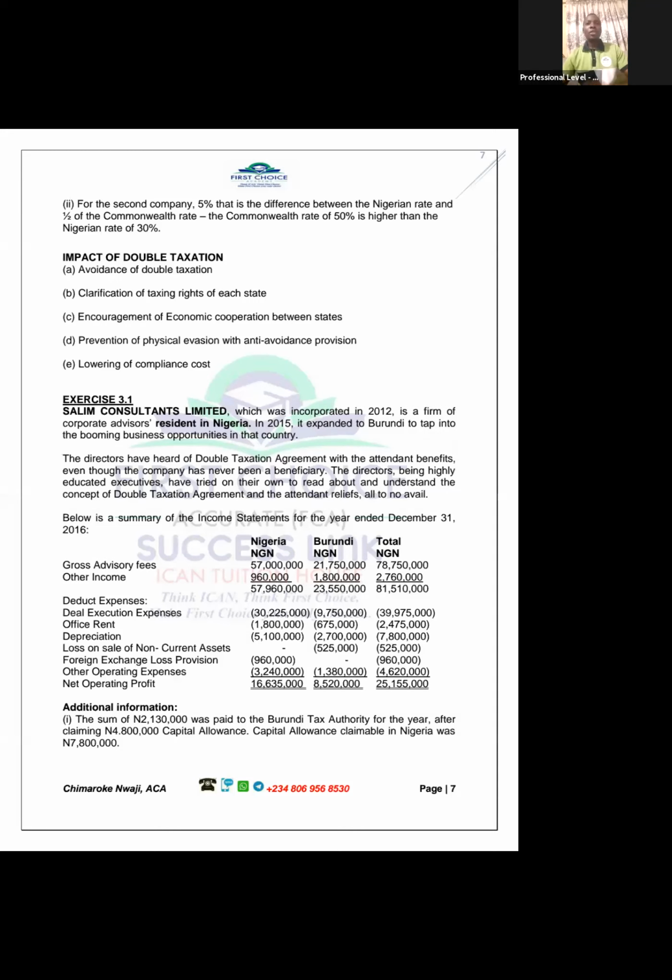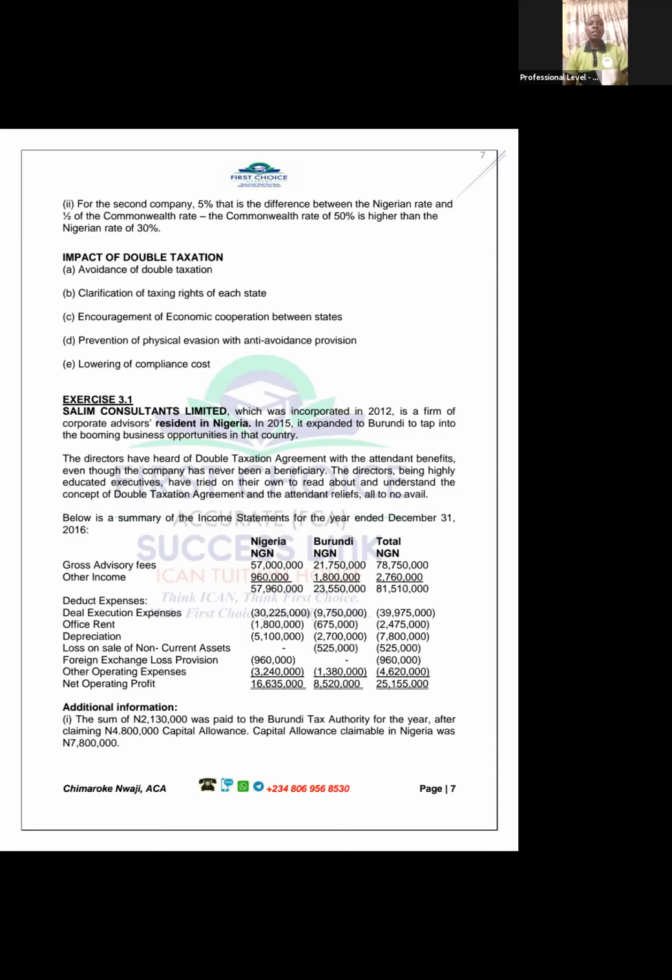We don't care for now. What we care about is how much did you pay in Burundi? This is this amount. Now, what is your capital allowance allowed in Burundi? 4,800,000. Now, these are the two things we just need from the Burundi government.